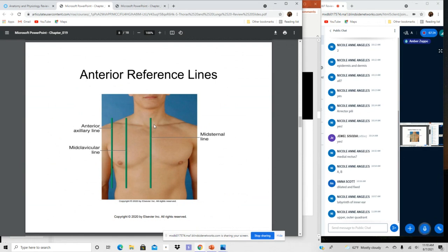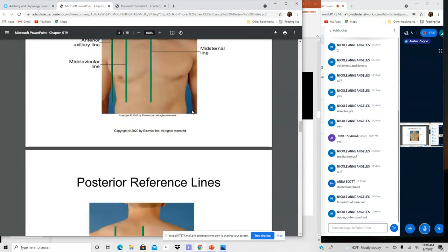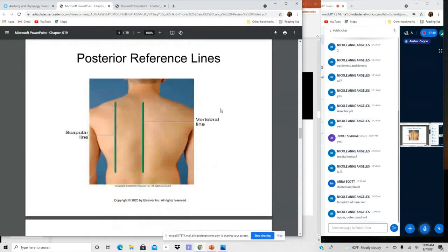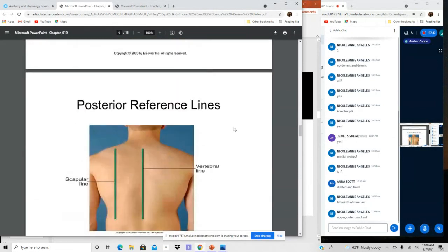Something that you'll probably come into practice when you're all nurses and you're doing your EKGs, you're going to use these reference lines to place your electrodes when you're setting up patients to do an EKG, for example.